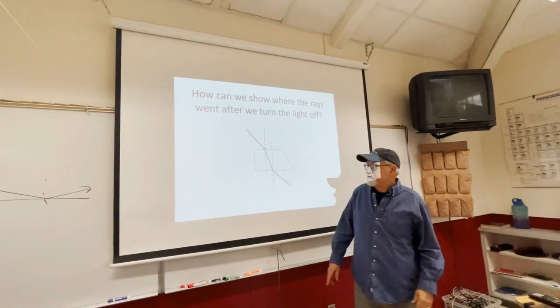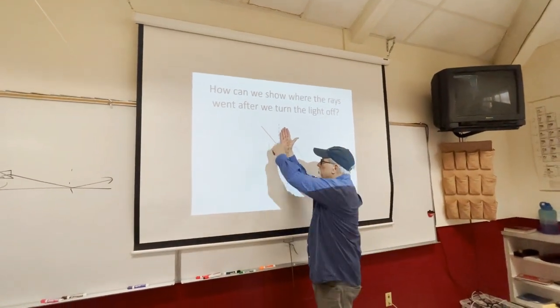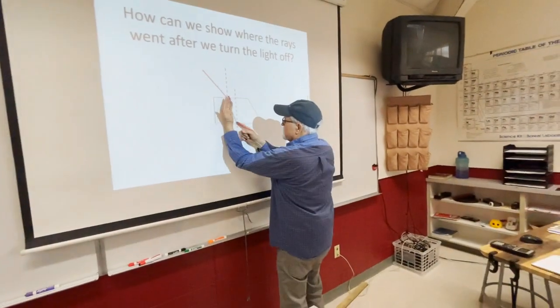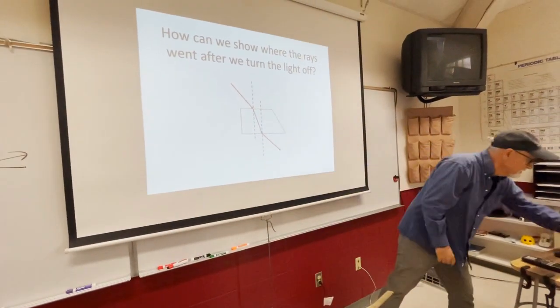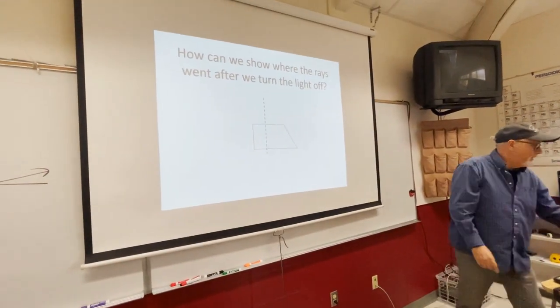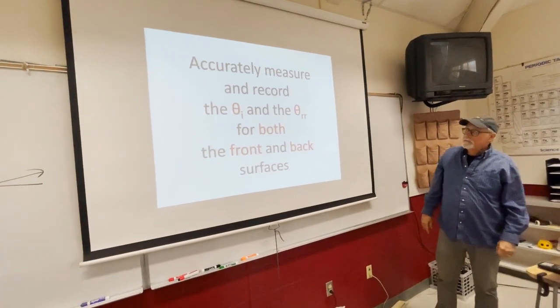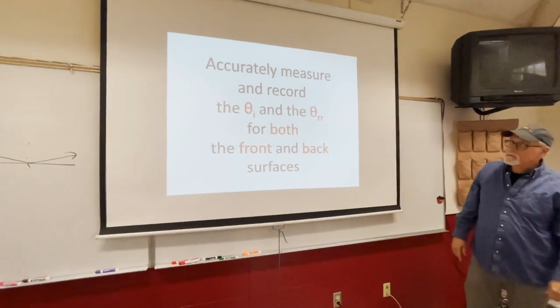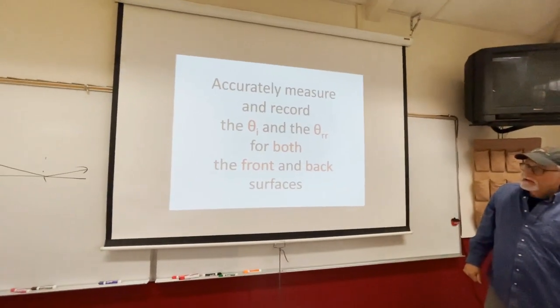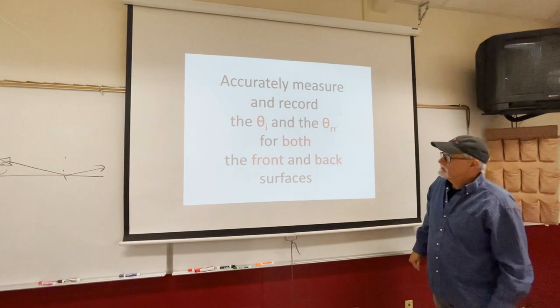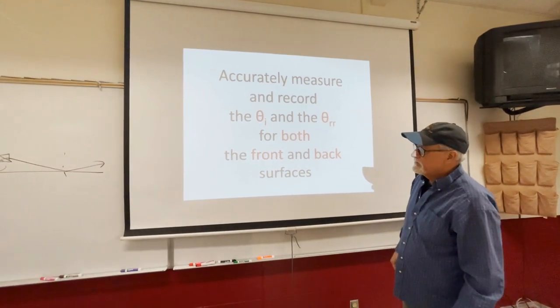What I've drawn is a normal here where it strikes a surface, and a normal here where it strikes a surface. We've already done that. All right, so now we want to accurately measure and record the angle of incidence and the angle of refraction for both the front and the back.